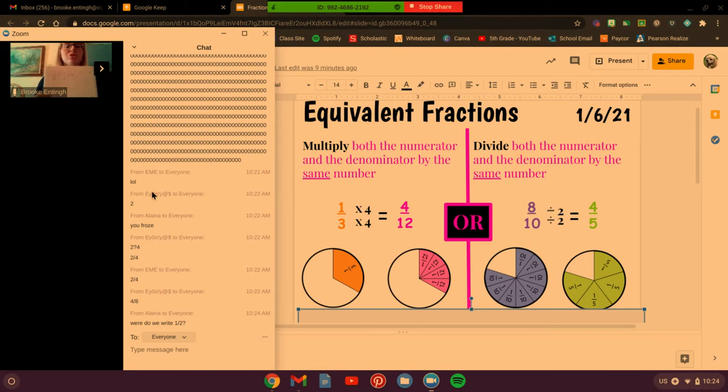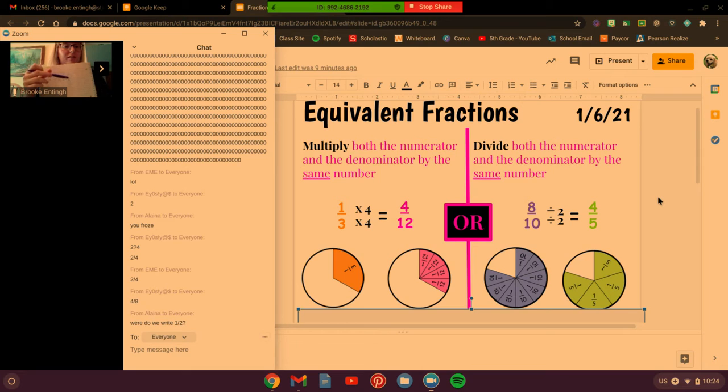Elena, you can choose either the multiplying side or the dividing side, wherever you have room. That's where you write the 1/2. And then next to that or around that, you will write equivalent fractions to 1/2. So my example was multiplying 1/2, both the numerator and the denominator, by 2, and I end up with 2/4.